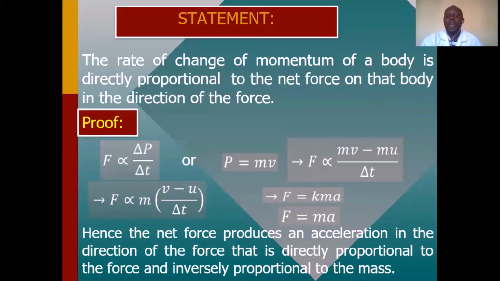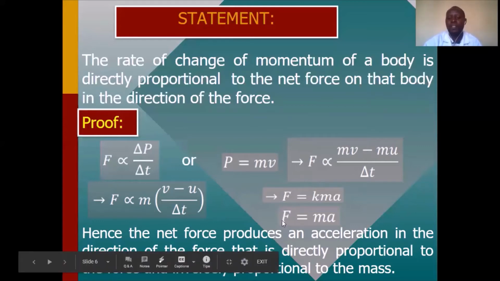Hence, the net force produces an acceleration in the direction of the force that is directly proportional to the force and inversely proportional to the mass. From this formula, force F is directly proportional to the acceleration, and this acceleration is produced by the force.